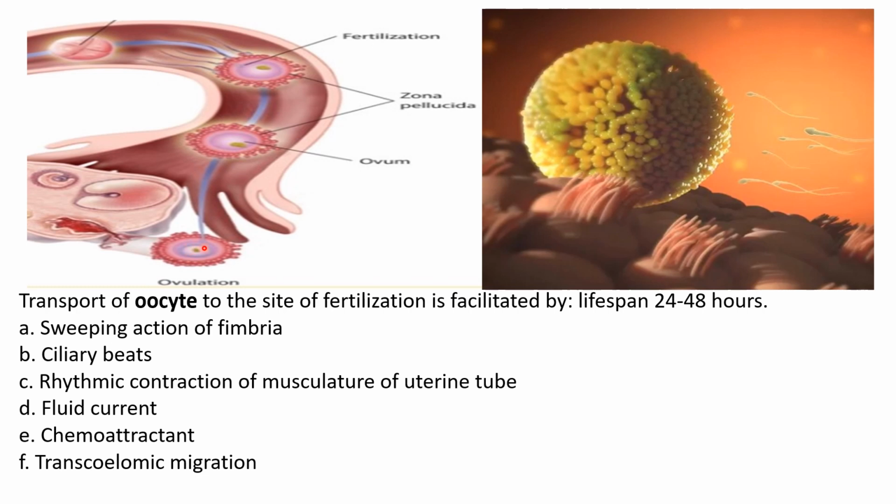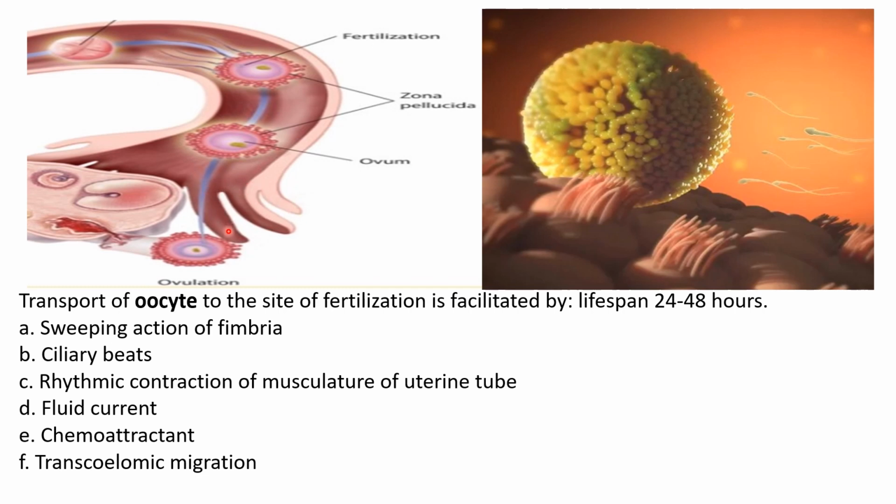Now, how does the oocyte shed from the ovary reach the ampulla? The factors responsible for transport of the oocyte begin with the sweeping action of fimbriae. Now, we know the parts of the uterine tube. There is the uterine ostium, then the intramural part, then the ampullary part, the infundibulum, and lastly, we have the finger-like projections called fimbriae.